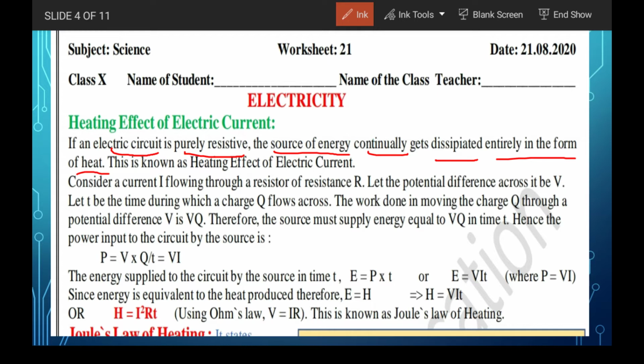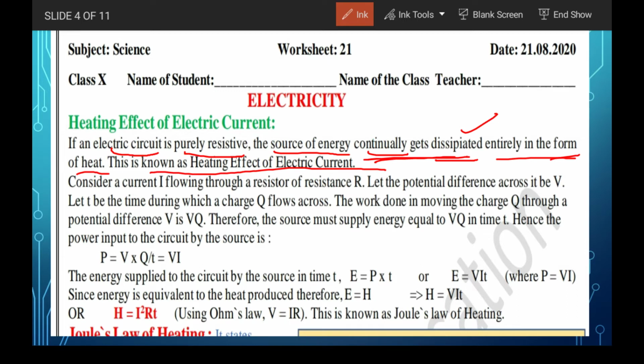For example, if you keep your bulb switched on for a long time, it starts producing a heating effect also. It gets hot, you can't touch it at that time, so energy is getting dissipated in the form of heat, and this is called the heating effect of electric current.